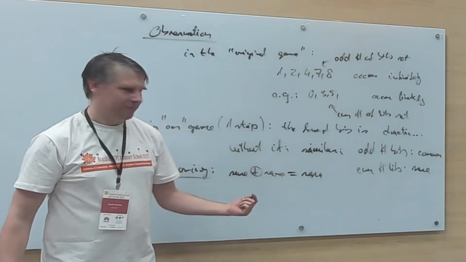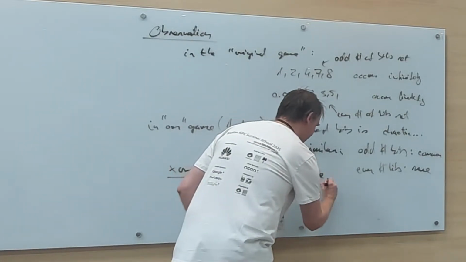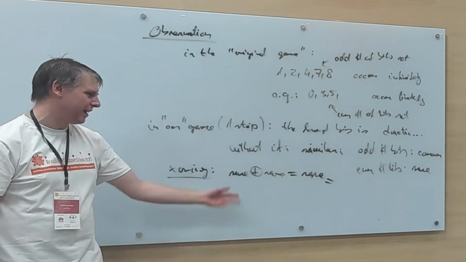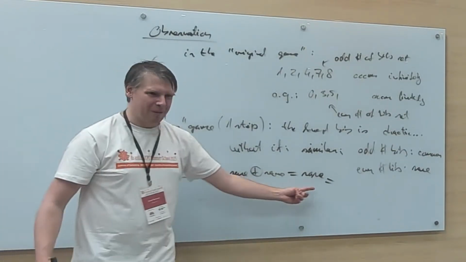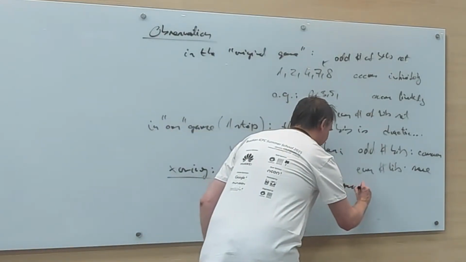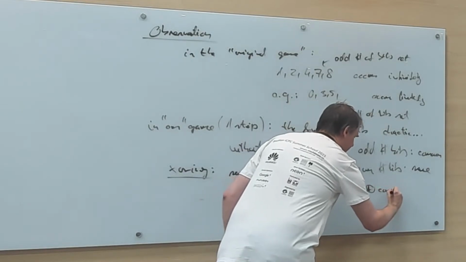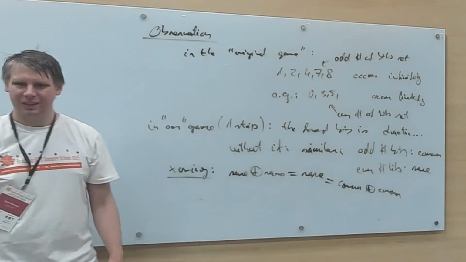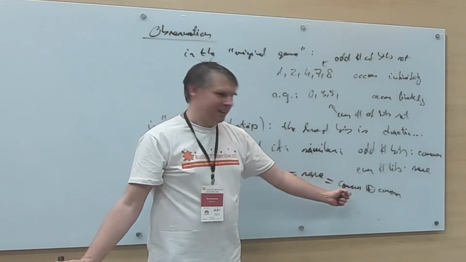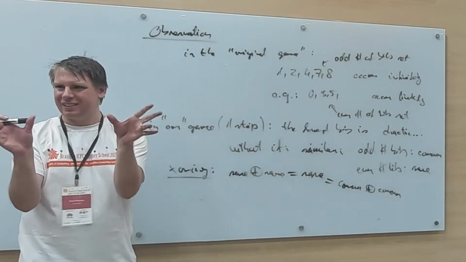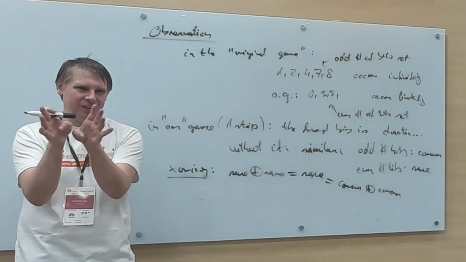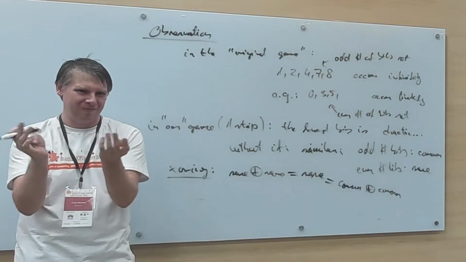Okay, there's another case when this happens, and you quickly figure out that here we are working over a finite field of size 2, because the other case is when you have two common values. Common means an odd number of bits set. If you have odd numbers of bits set and they don't overlap, you get an even number of bits set. For every overlap, the sum of bits gets reduced by 2.